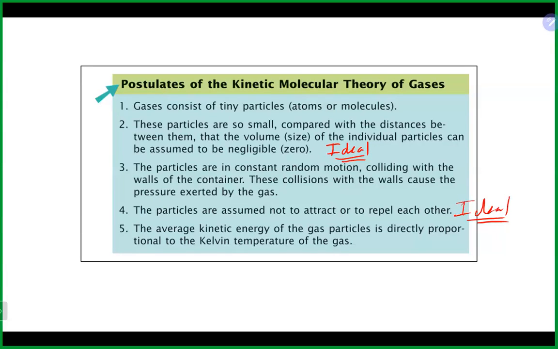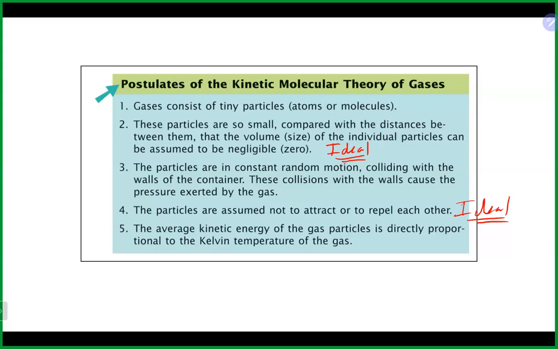So in an ideal situation, even though, as we just saw in the previous example, we had multiple gas molecules flying around in the same container, they're not going to interact with one another, and that will have no effect on the pressure. That's why we can do the calculation for each gas separately, even though they're all flying around the same container. If they did interact, it would affect the pressure.